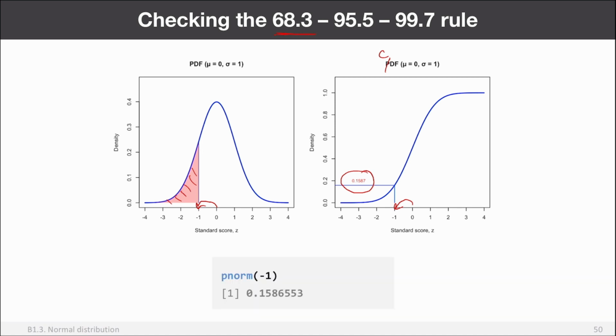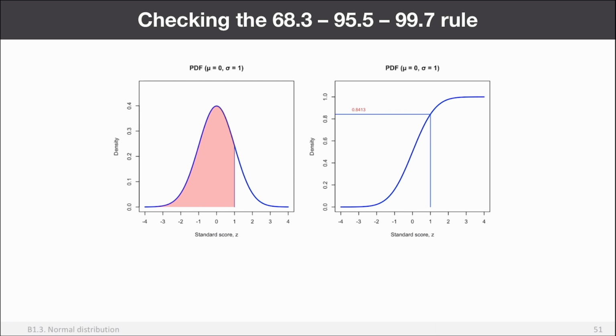We can also get this value in R. You remember that the function that gives us probability for a given value is the CDF function or P function. So I simply say pnorm of minus 1. It means z equal to minus 1. So I assume that mu is equal to 0 and sigma is equal to 1, right? So 1 standard deviation below, and that's exactly the value that I have here, just rounded, okay?